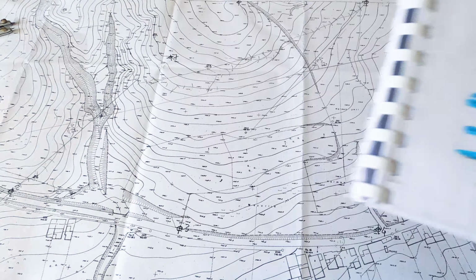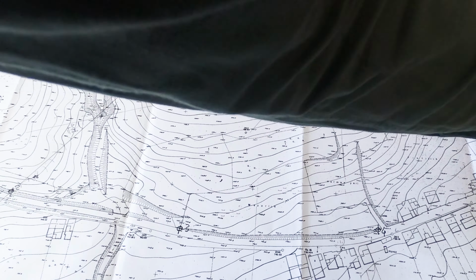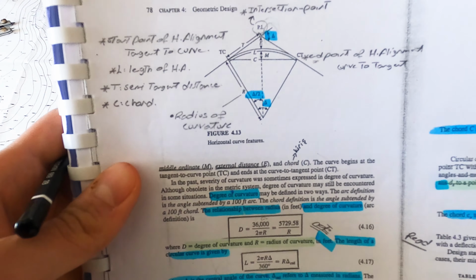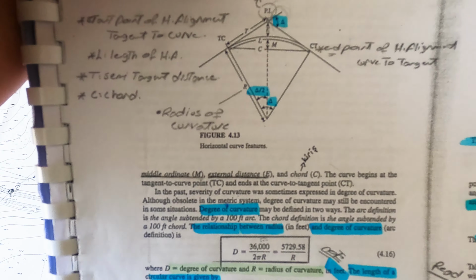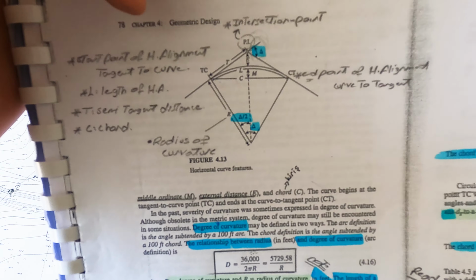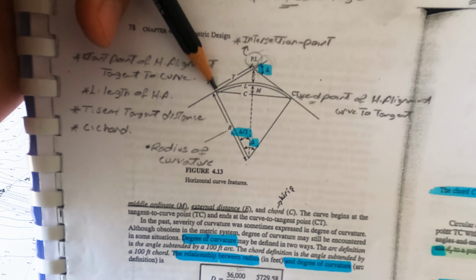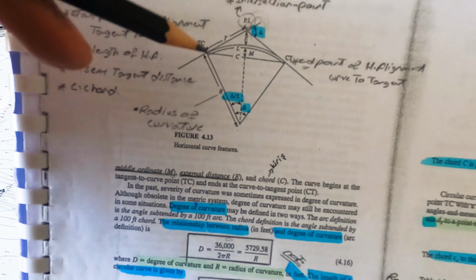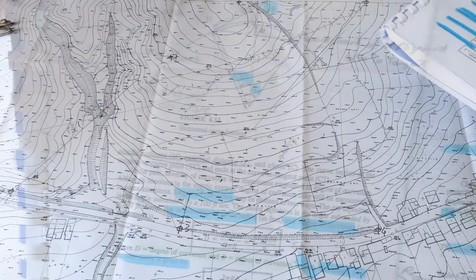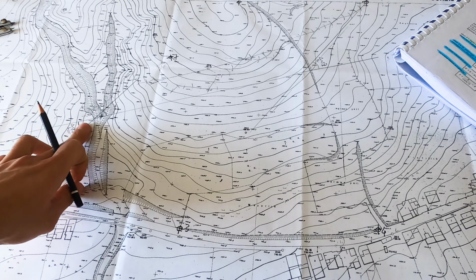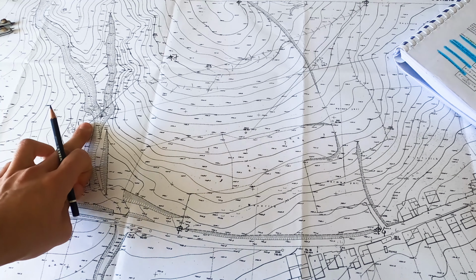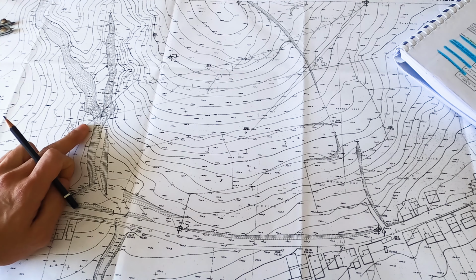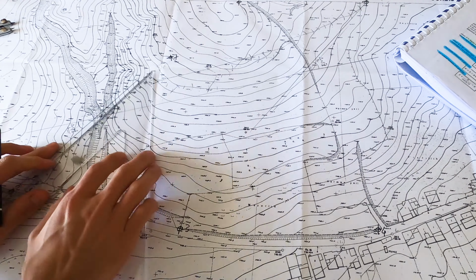Starting from the intersection point. Now here, look, the T represents the distance from the intersection point here until the end of the horizontal alignment. And according to this, we start from the intersection point. We take the value of 8.4, let's say.